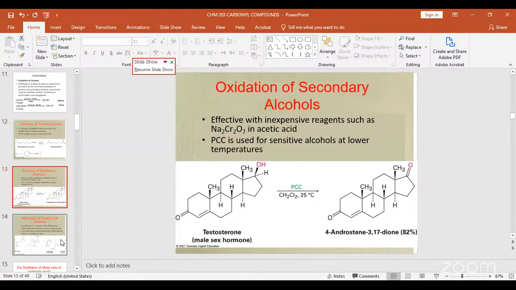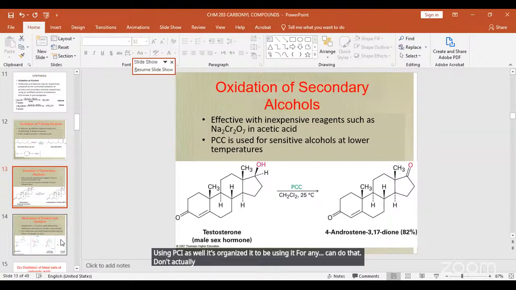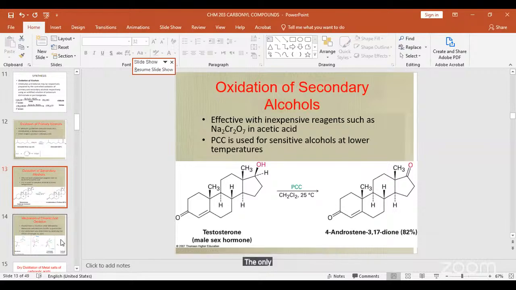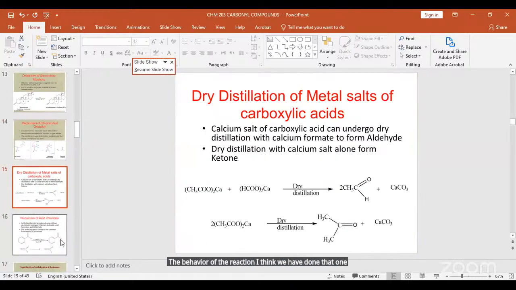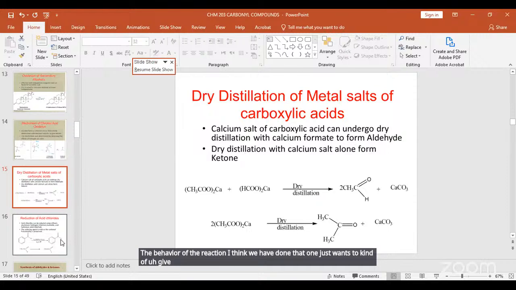But any available oxidizing agent can do that, so one need not restrict oneself to PCC, since the only product that will be formed is what? The ketone. The mechanism of the reaction, I think we have done that one. I just want to give all this information again.